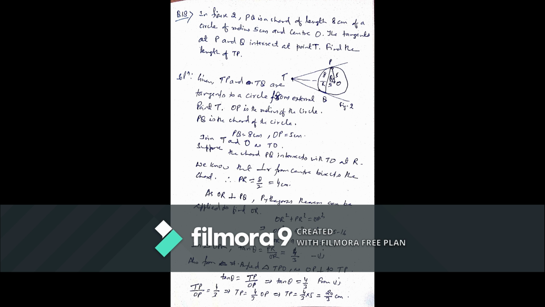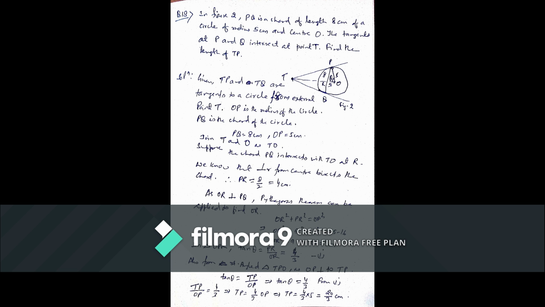If you know that when we draw a perpendicular from the center to the chord, it will bisect the chord. So PQ is given as 8 centimeter. Suppose R is the point where OT is bisecting that chord, so we can say that PR is equal to 4 centimeter, equal to QR.